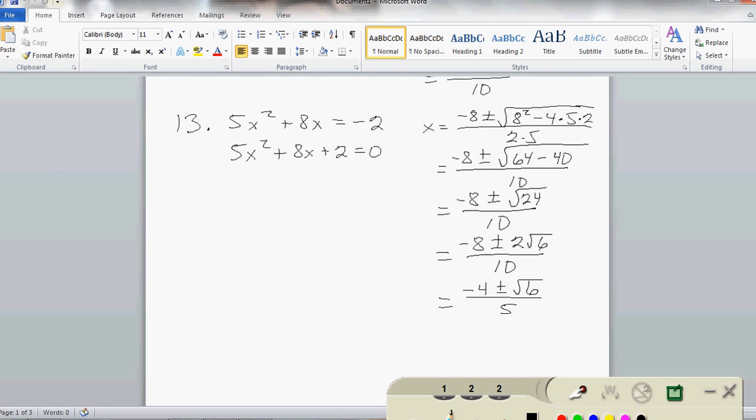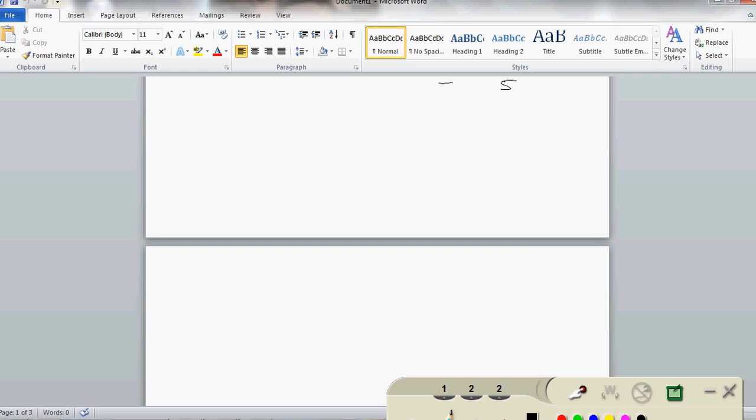Example number 14 asks us to use the discriminant to determine whether or not there's two unequal solutions, a repeated real solution, or no real solution, and here we need to talk a little bit. The discriminant is the part that's under the square root in the quadratic formula. That's the first thing.